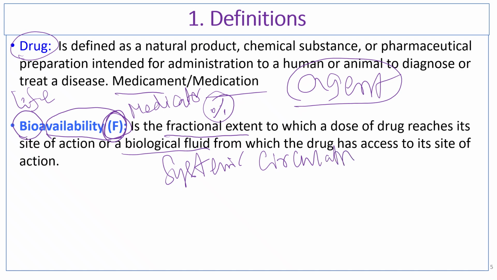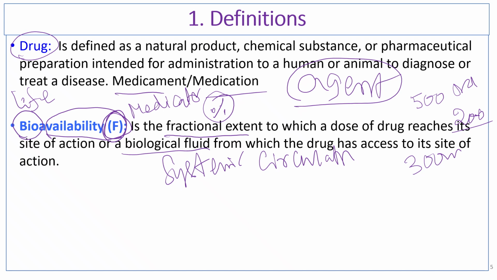So take the example of when you take a pill, like 500 milligrams of acetaminophen by mouth, oral route. In the systemic circulation, you may get like 300 milligrams. So 200 milligrams is metabolized before crossing the gastrointestinal tract or liver. So that is the first pass metabolism.